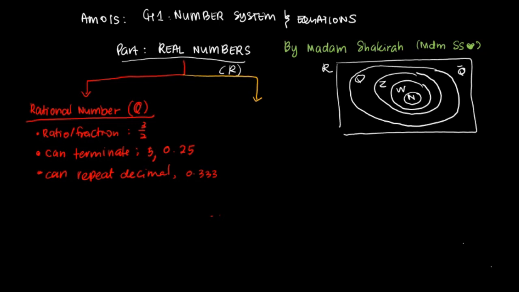The other part is of course the irrational number, the opposite one. It is called Q bar. What is Q bar?